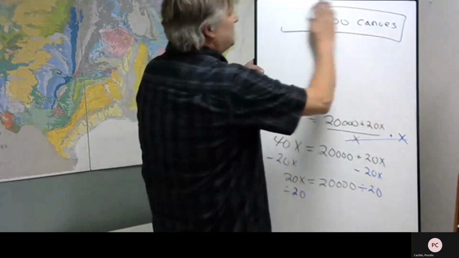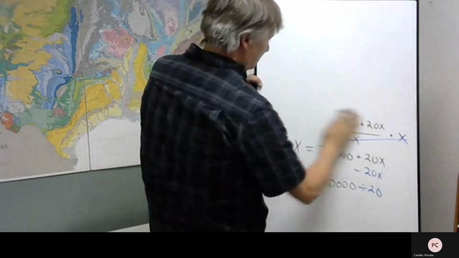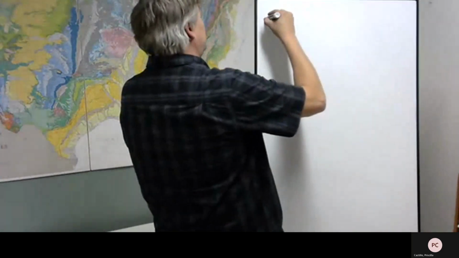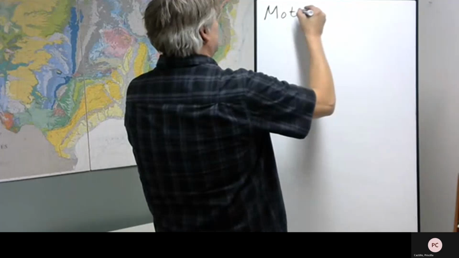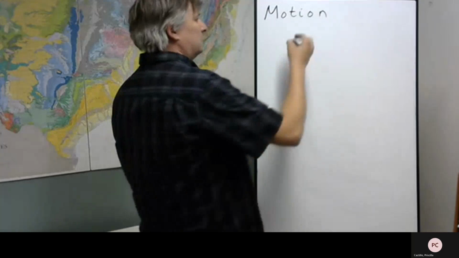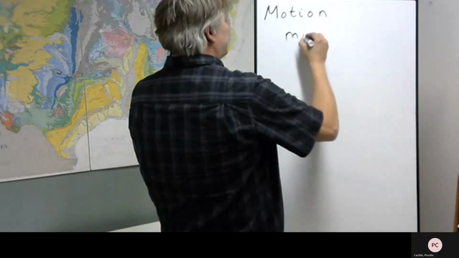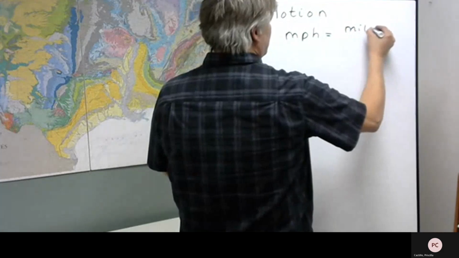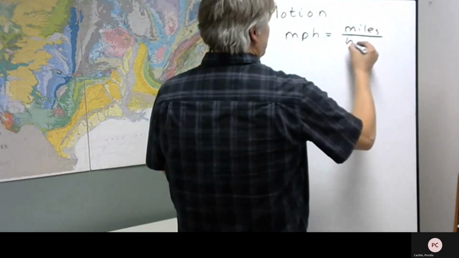All right. So this is called a motion problem. And there's different types of motion problems. The idea is this. When we talk about motion, we take miles per hour, and that's literally miles divided by hours.